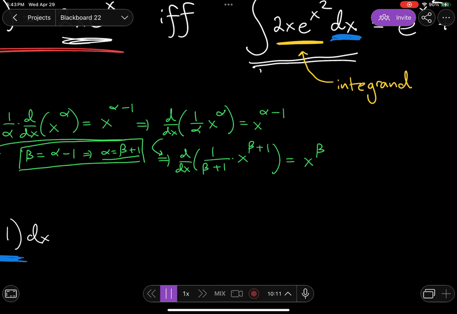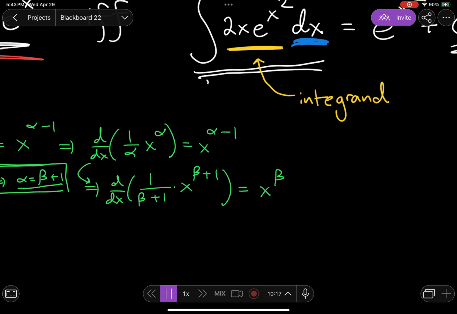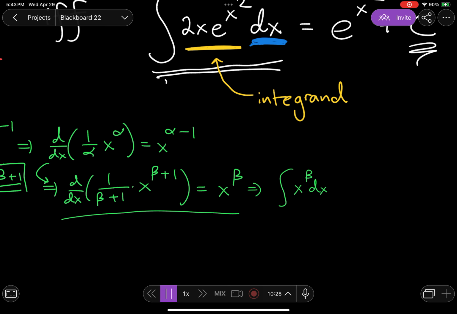And the whole point of what I'm saying, using this new language with the box that we had up there, is that the antiderivative or the integral of x to the beta dx is the same thing as this operation right here.